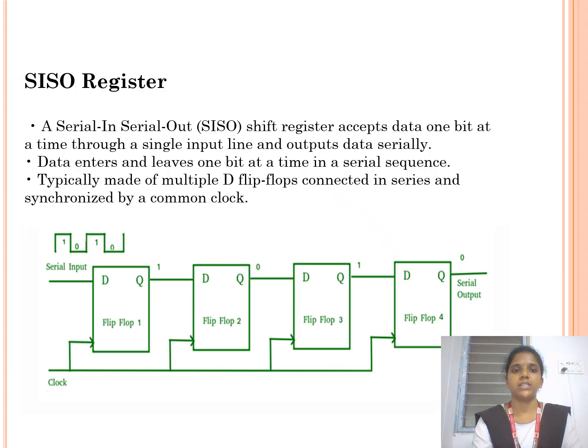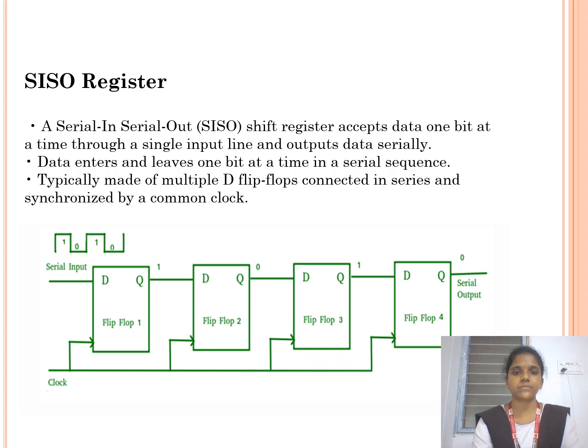SISO register. A serial in serial out register accepts data 1 bit at a time through a single input line and outputs data serially. Data enters and leaves 1 bit at a time in a serial sequence, typically made of multiple D flip-flops connected in series and synchronized by a common clock.